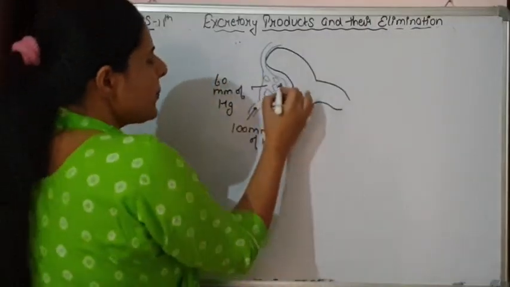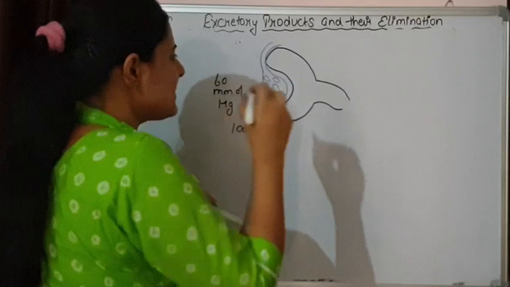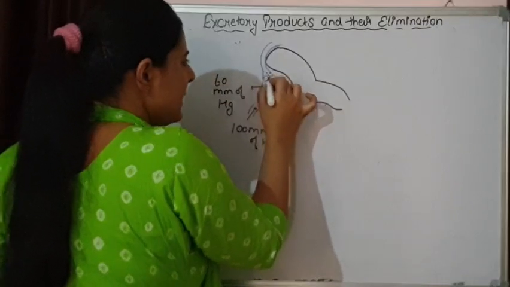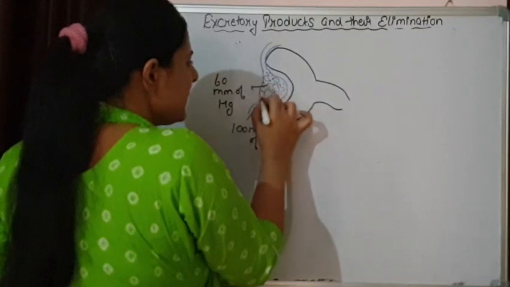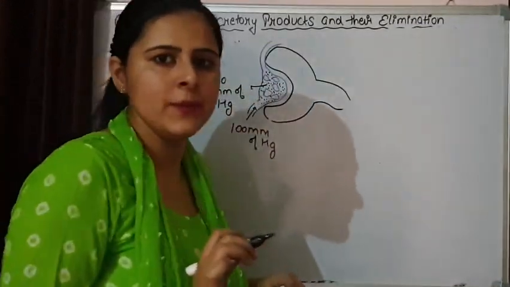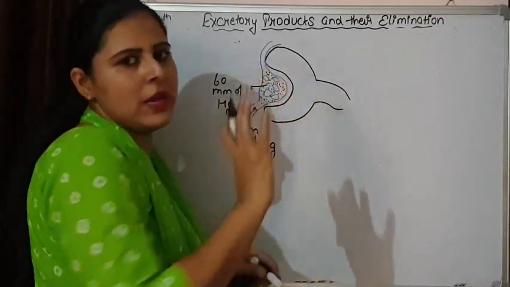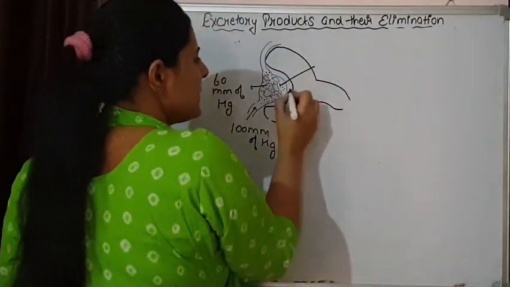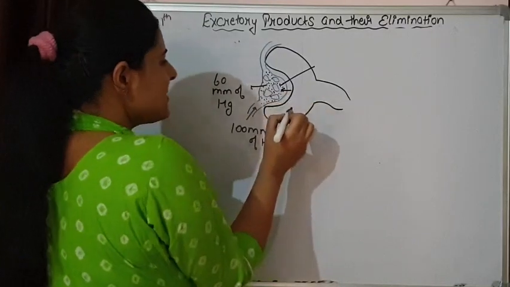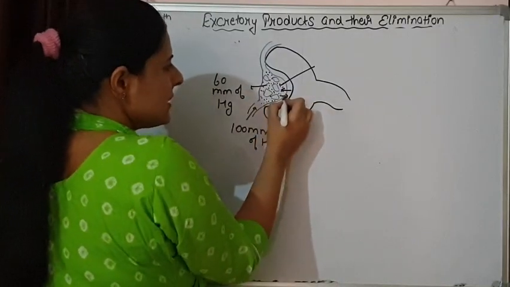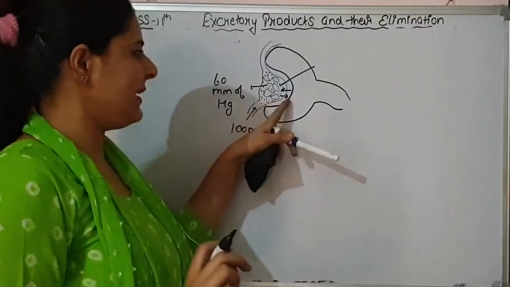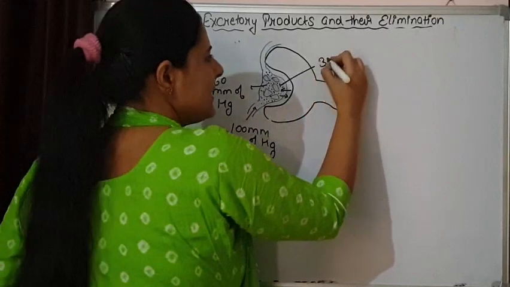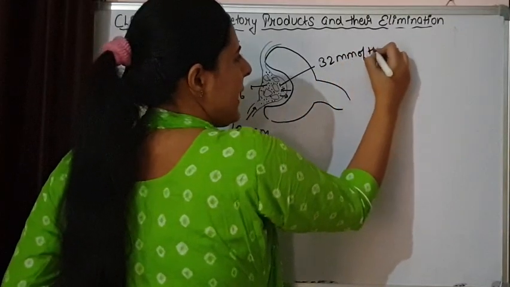Now the plasma proteins that are present over here are inhibiting, they are applying a pressure that is reducing the filtration, and this is our blood colloidal osmotic pressure. The glomerular hydrostatic pressure is applied in this direction, this is negative, so applied in the reverse direction, and that is 32 mm of Hg.